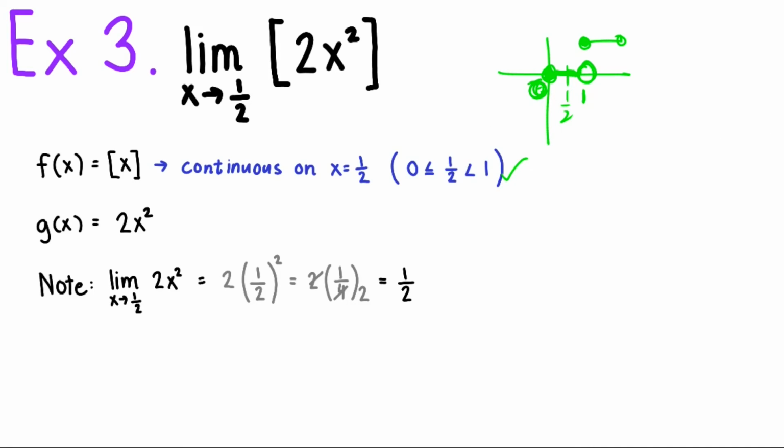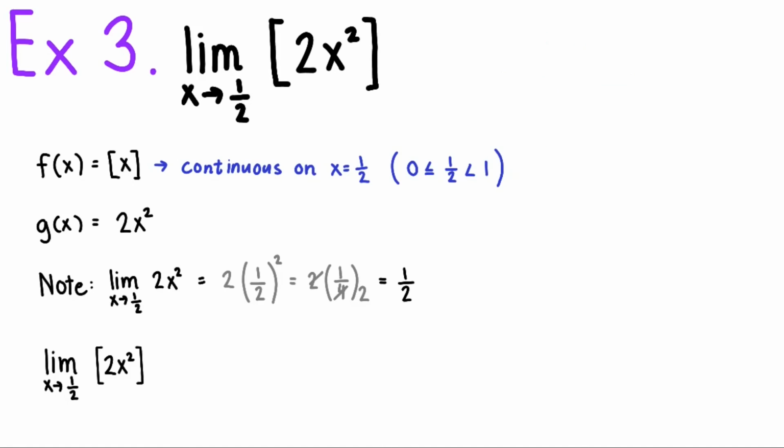And so given that, we can apply the theorem that we have. That is, given the limit in the problem, we can move the greatest integer function out here. So we can focus first on the limit inside, but fortunately, we already obtained that from above. So that means we know that the value of this limit is equal to 1 half.